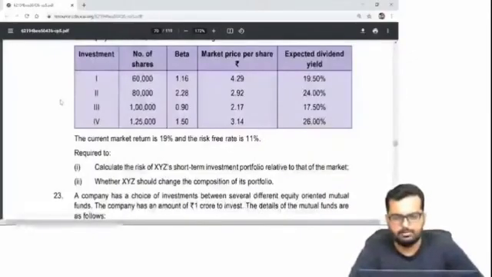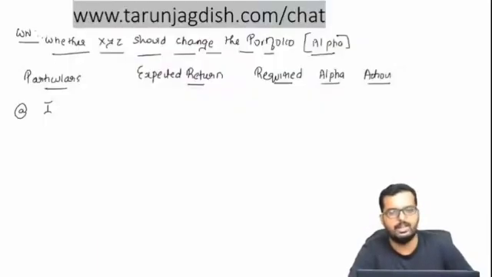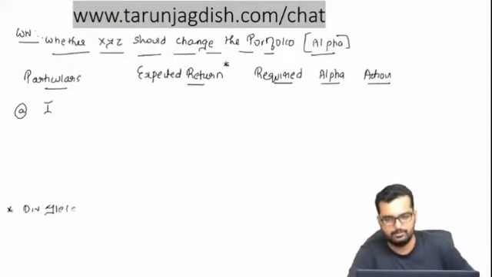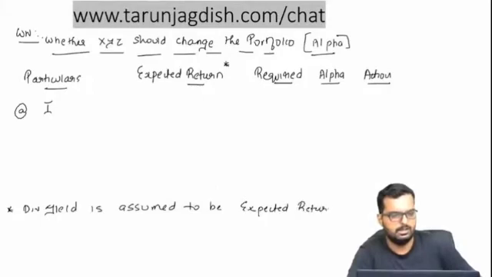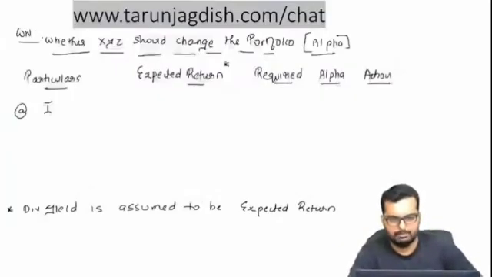For investment number one, what is the expected return? They are taking the dividend yield as the expected return. Again, these are the confusions in this question. Dividend yield is assumed to be the expected return. Alright, so for Roman number one, 19.5% is the expected return.